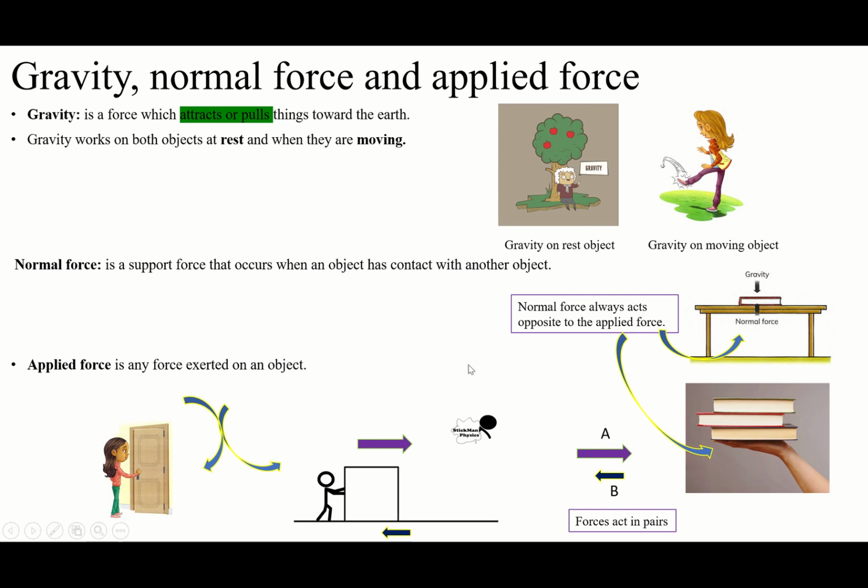So we say always opposite to the applied force. Now, the gravity pulls things down, but the normal force pushes it up. So, forces act in pairs, 100%. For each action, we have a reaction. Now we have gravity. The reaction of the gravity is normal force. You see, gravity is the action. The reaction is normal force.